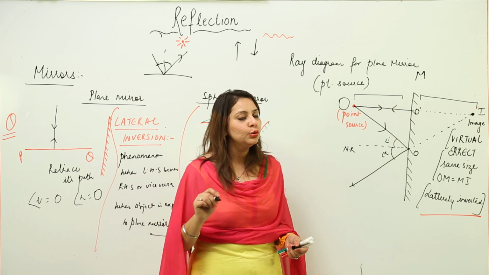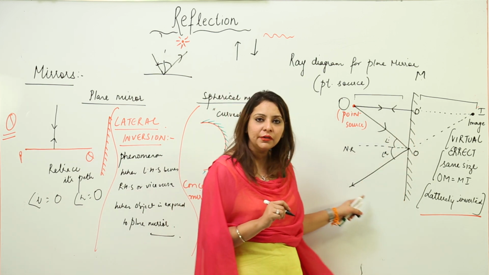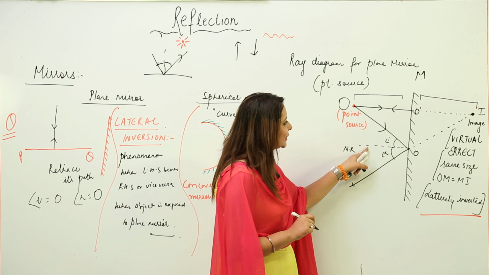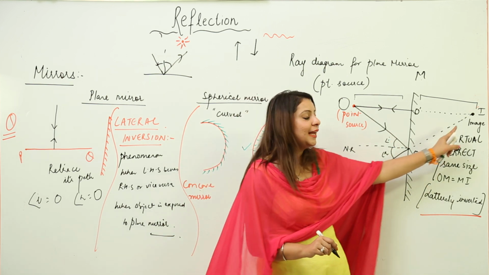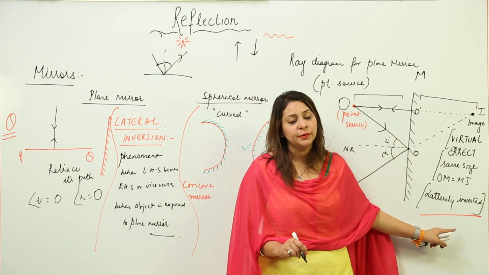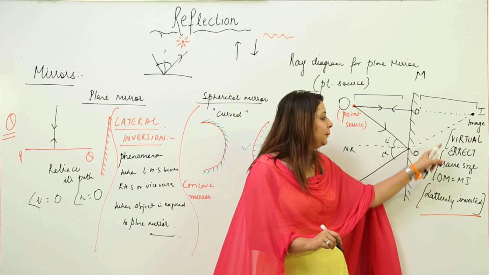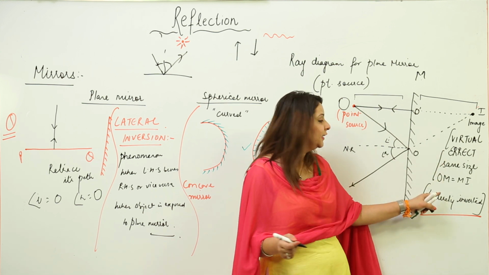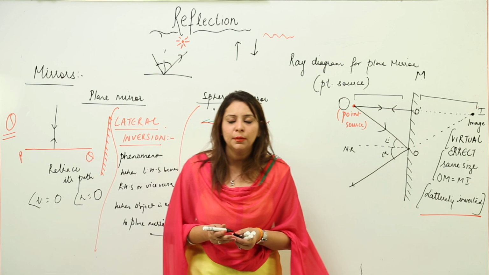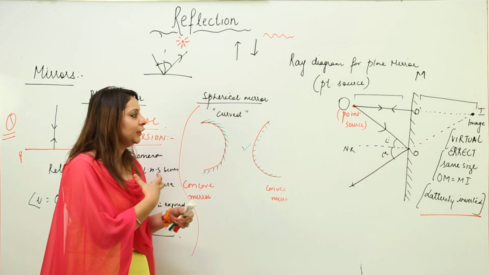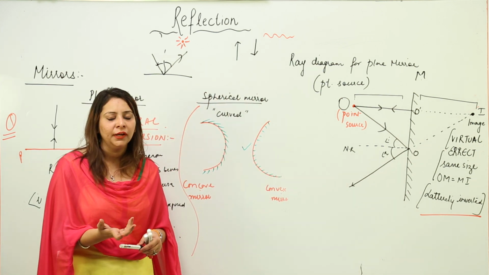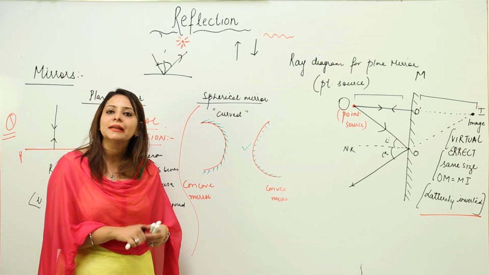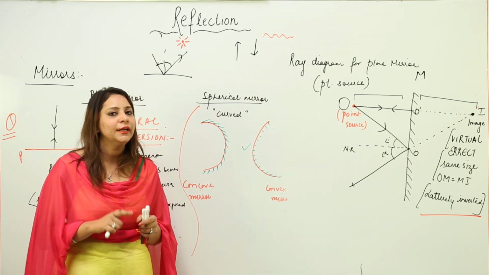So don't make this kind of mistake. Draw a well labeled ray diagram indicating the angles, the normal, everything, and along with that you have to mention the characteristics also, because the characteristics make the examiner familiar with what kind of image this mirror is forming, whether it is a plane mirror or a concave or convex mirror. You need to do it in the same manner.